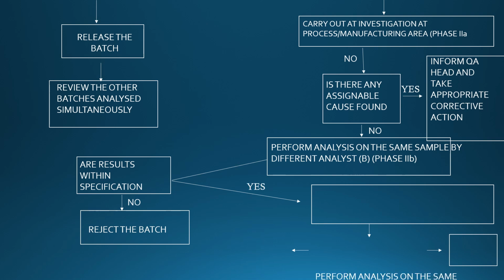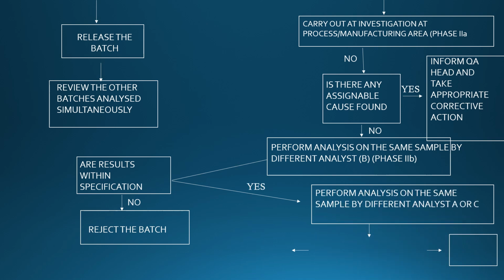If the answer is yes, perform analysis on the same sample by a different analyst A or C. If the results are within specification? If the answer is no, then reject the batch. If the answer is yes, approve the batch.